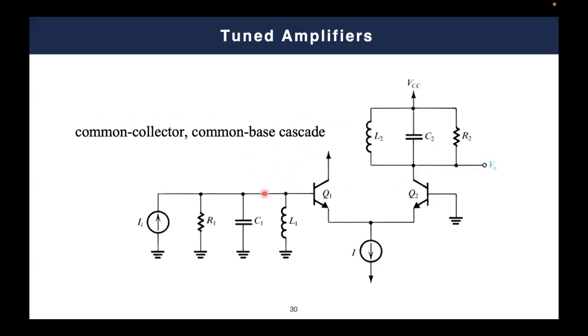Another configuration uses a common collector, common base cascaded amplifier. So here we have an input stage and here we have the output stage, and both the input and output stages are isolated, and here there is an intermediate terminal to link the input to the output.